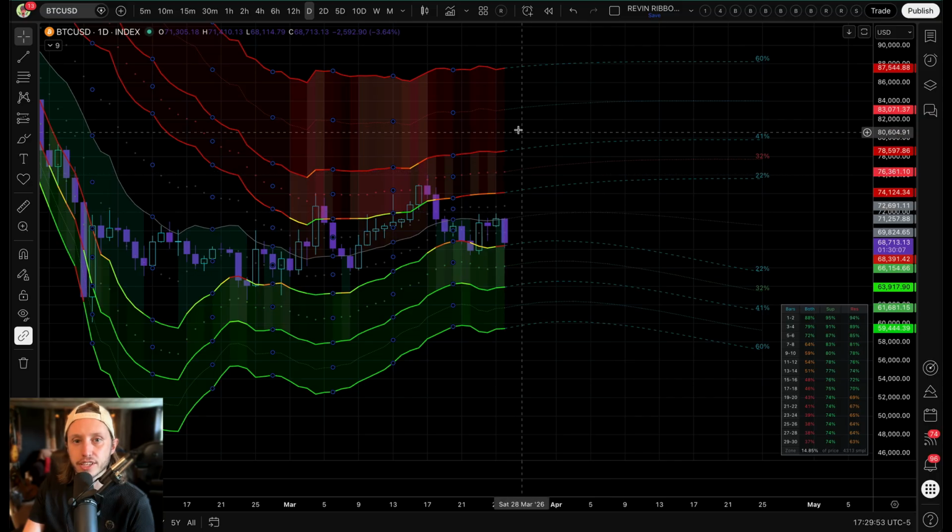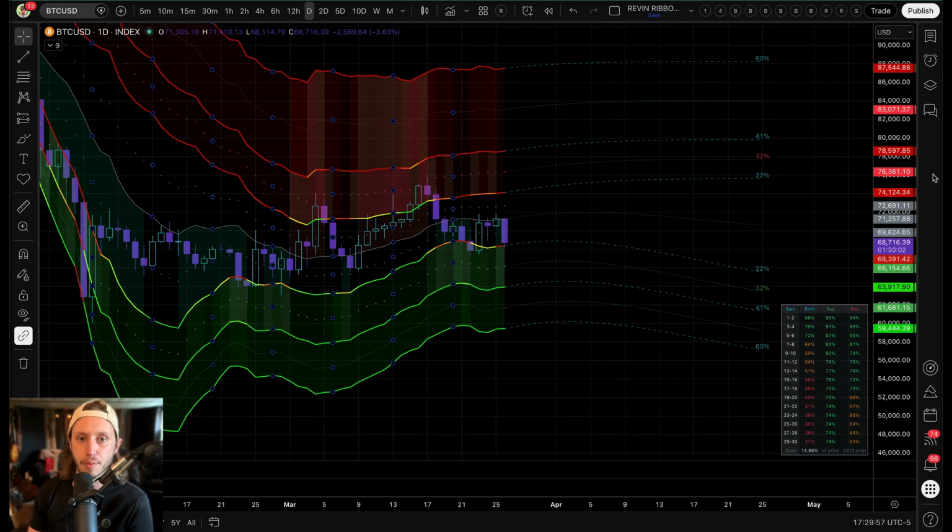I've been working on this for just a bit here, but it needs a lot more work to increase the probabilities and the stats of it and all of that stuff. But the idea of this is it gives you a probability that price is within the range of whatever bands you're looking at.